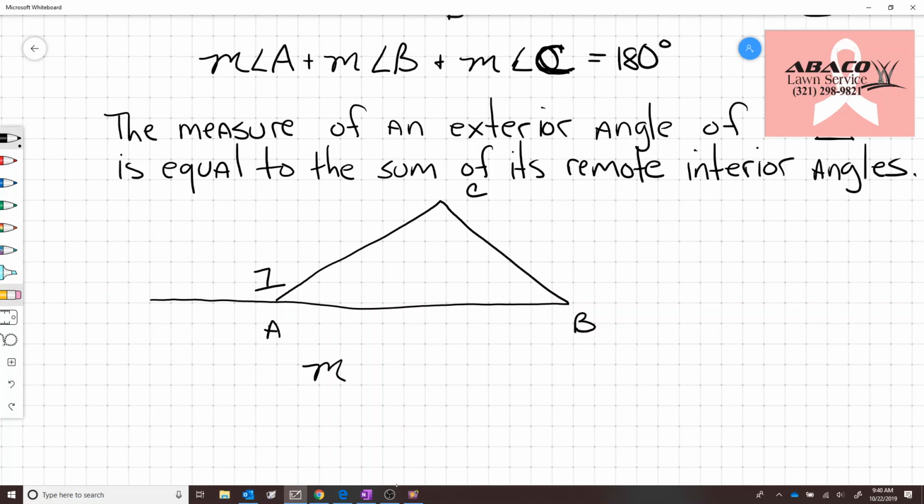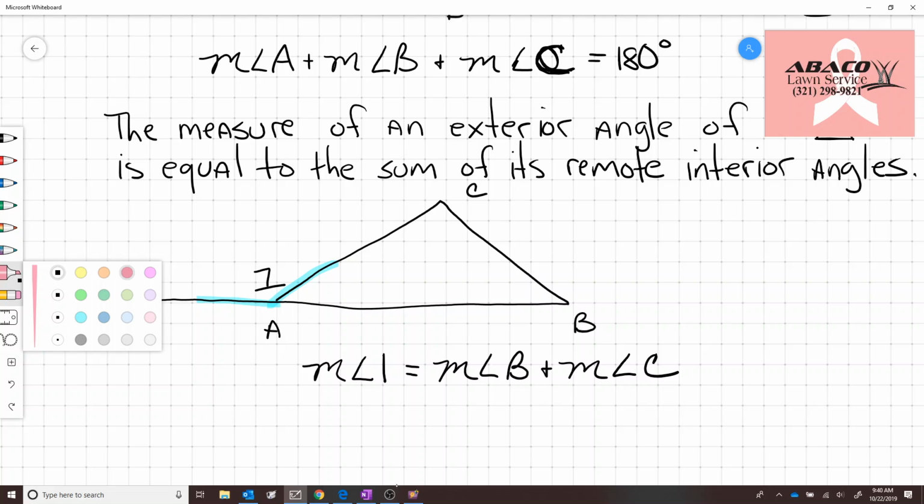The measure of angle 1 is equal to the measure of angle B plus the measure of angle C. Angle 1 right here is equal to the sum of this one and this one. Everybody good with that?